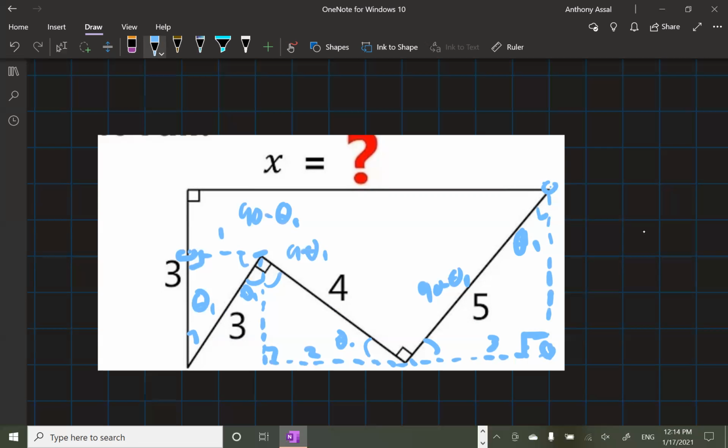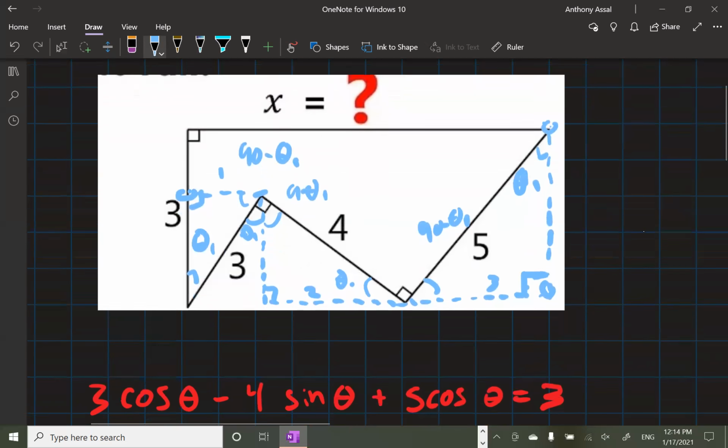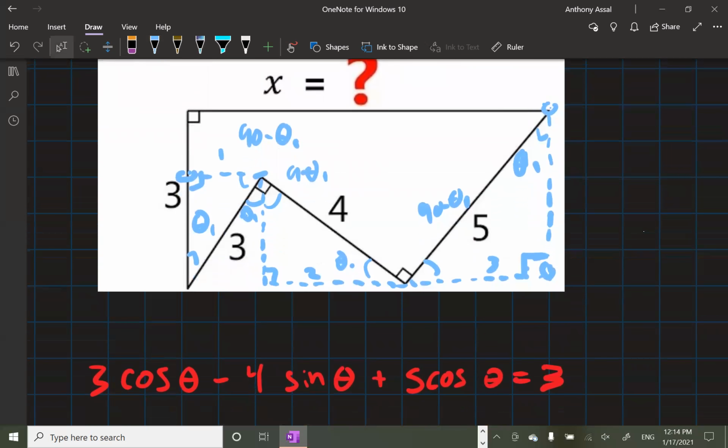All right, so let's see if we write that down formally. 3 cosine angle minus 4 sine angle plus 5 cosine angle equals 3. Okay, so let's see what happens.